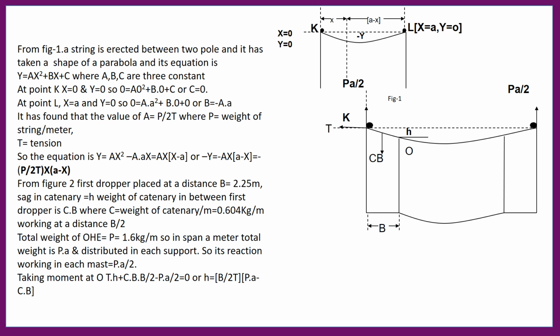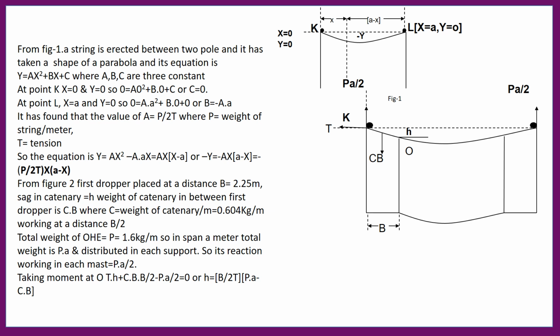So the equation becomes y is equal to ax square minus a into ax. If you take ax common, then in the bracket it will be x minus a, or minus y is equal to ax into a minus x, because our sag is in the minus y direction.